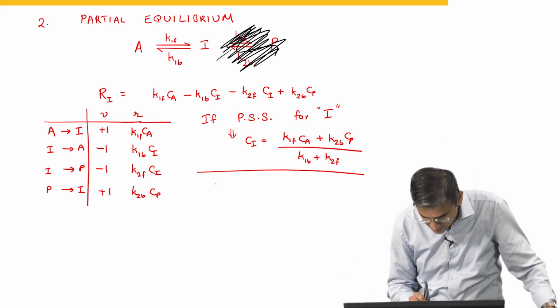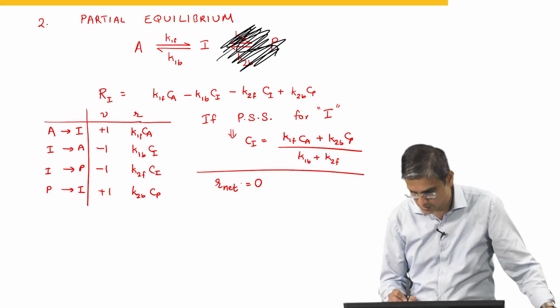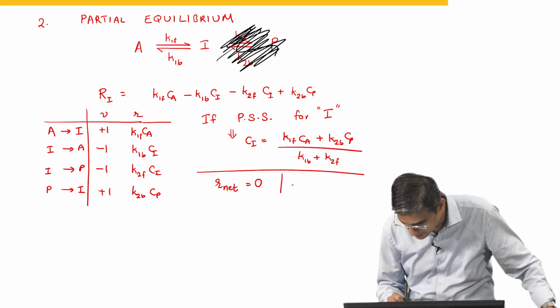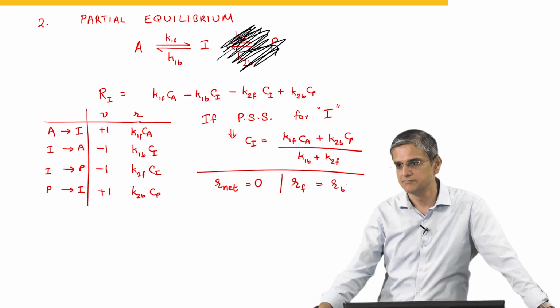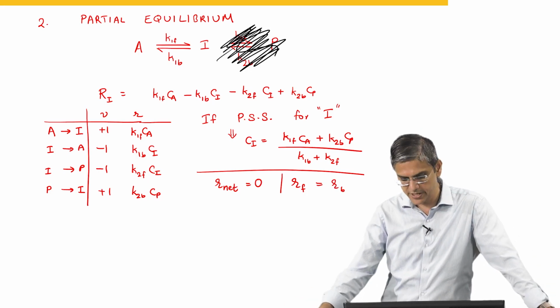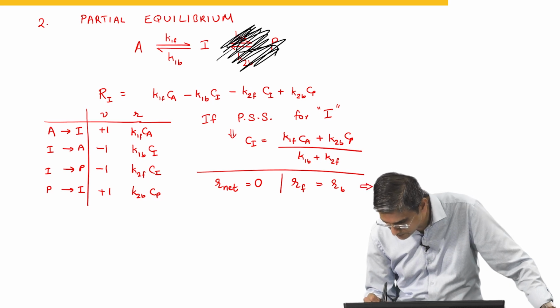It can mean R net equal to 0, or it can mean R forward equal to R backward. This is equilibrium.